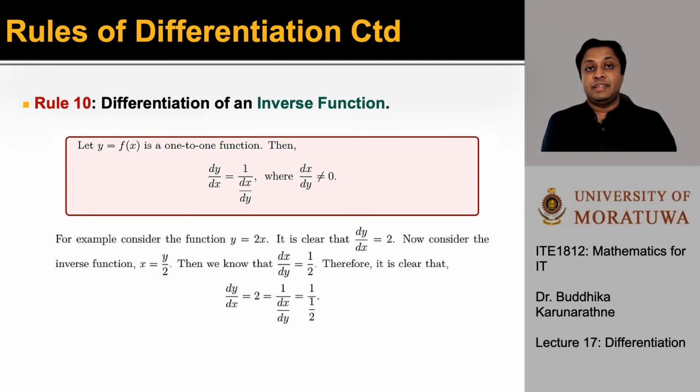Then we know that we can take dx over dy. When we take dx over dy, what happens? y goes away and we are left with 1 over 2.